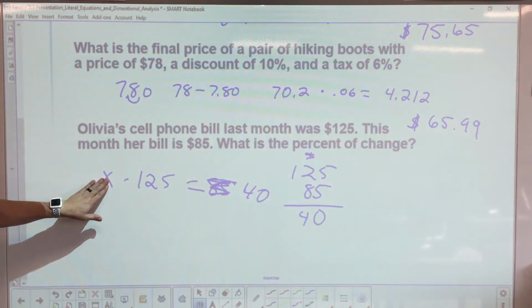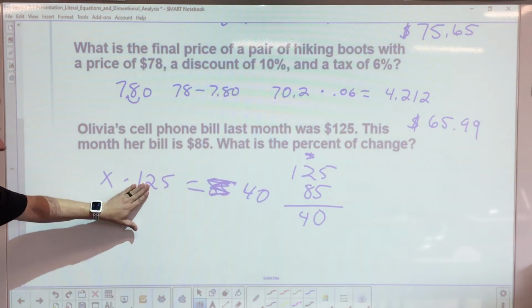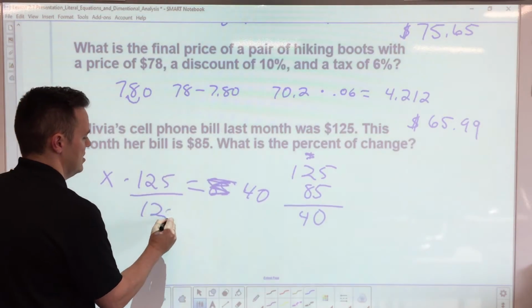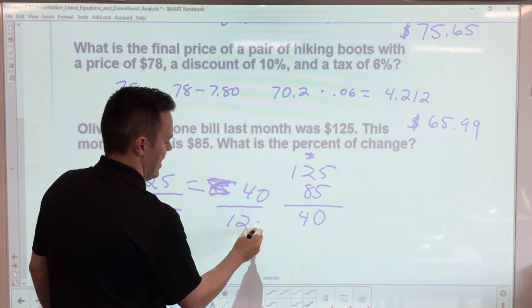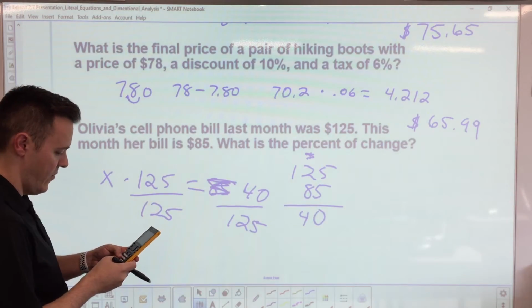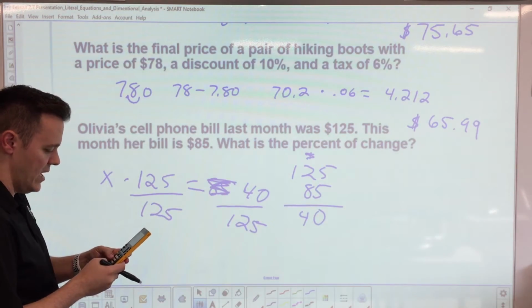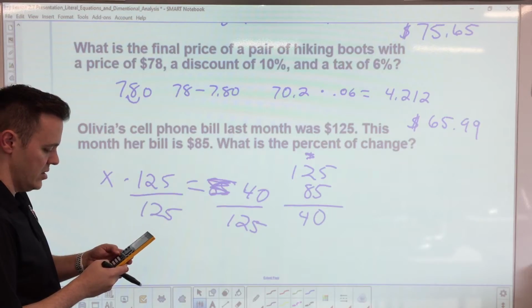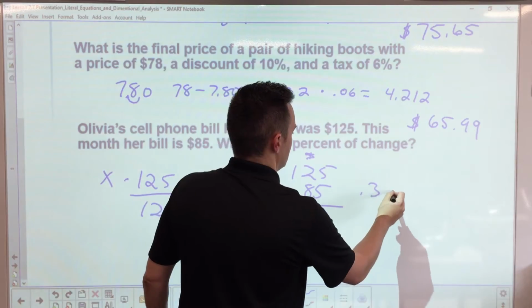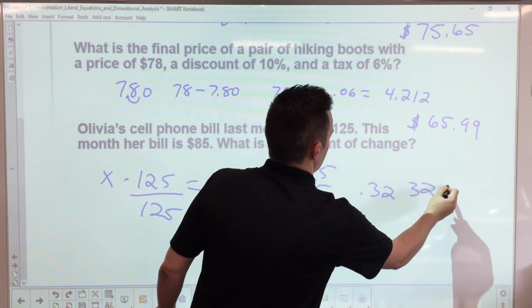Okay, so if I take a certain percentage, I multiply that by 125, I'm going to get the answer of 40. So if this is multiplication, divide both sides by 125, okay? Hopefully you guys get this. And so I would have 40 divided by 125, and make sure I do it correctly, and it would be 0.32 is the answer, or 32%.